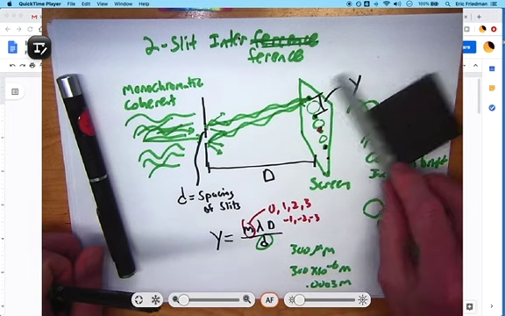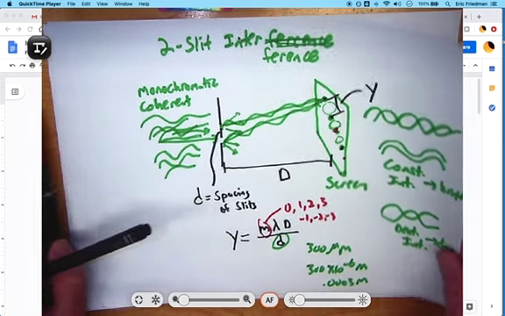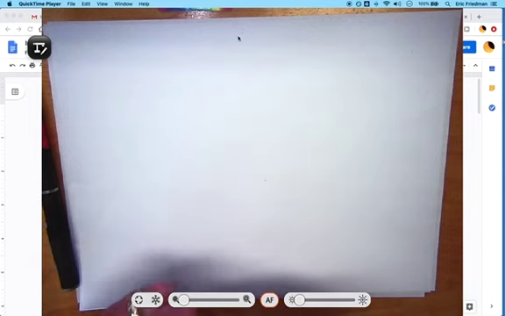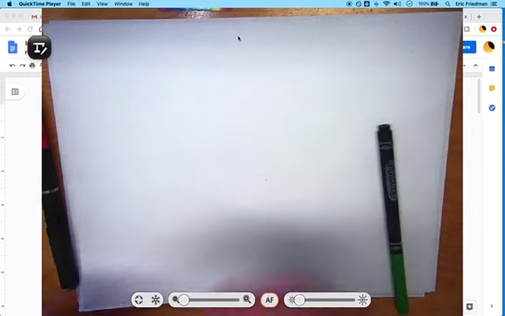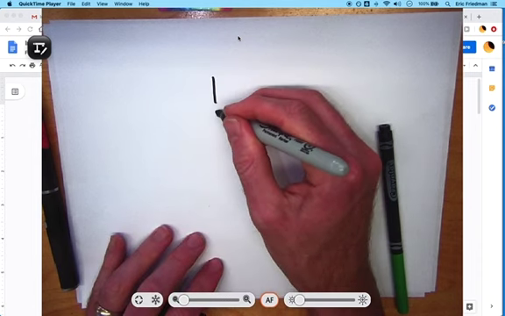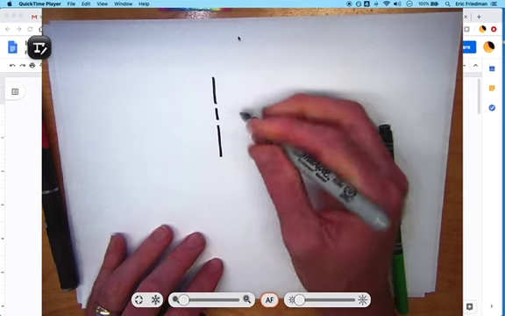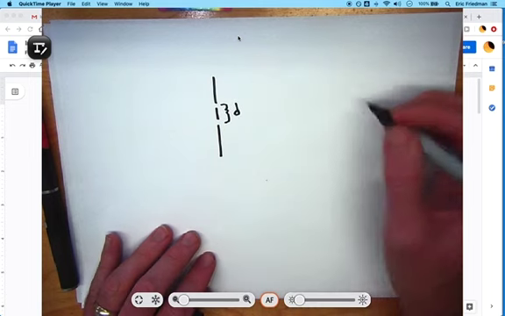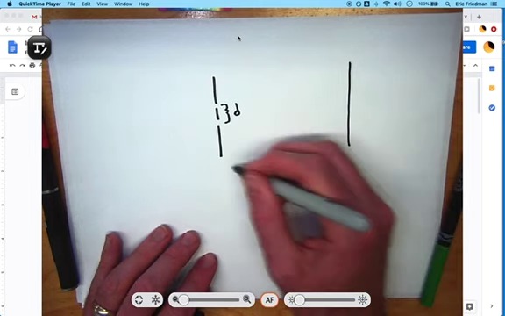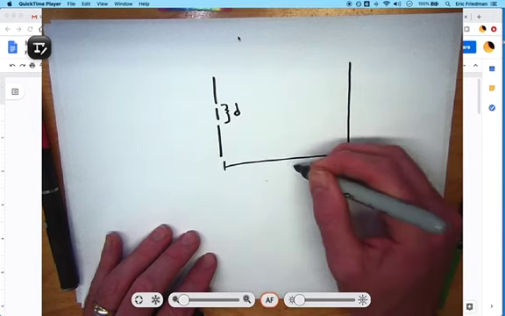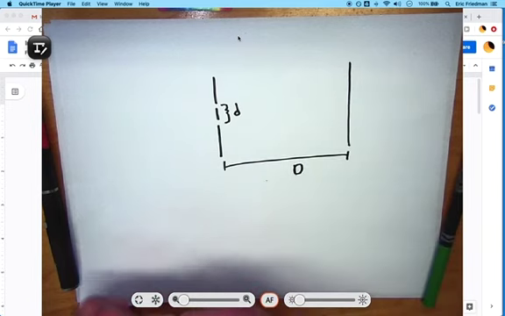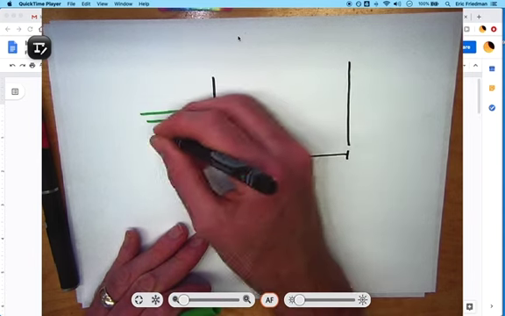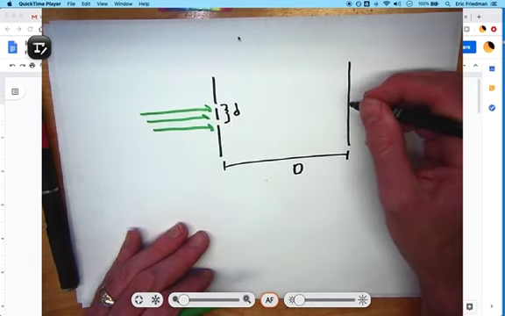Let me draw another picture and get up a couple more terms, and then show you a quick example. We have our two slits like this. We've got this spacing right there, which we call little d. We've got our screen over here, and this spacing, which we call big D. Then we've got our coherent light coming in like this, and what we see is dots on the screen.